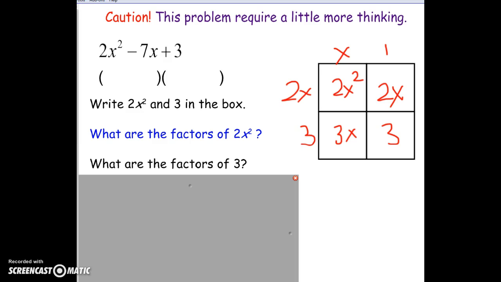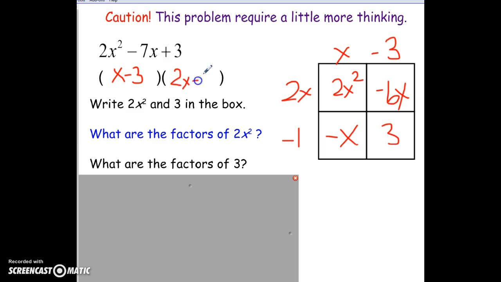So maybe I need to switch them back and put a negative. If I do 3 and 1, that would still give me a positive 3. This would be a negative 6x, and this would be a negative x. And there we go. So sometimes it's kind of a puzzle that you have to work out.